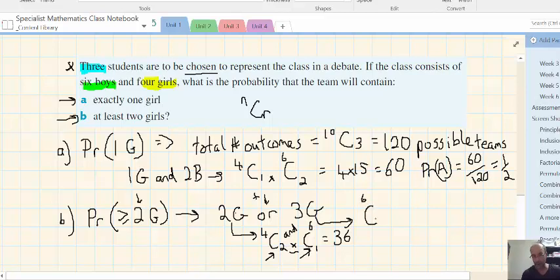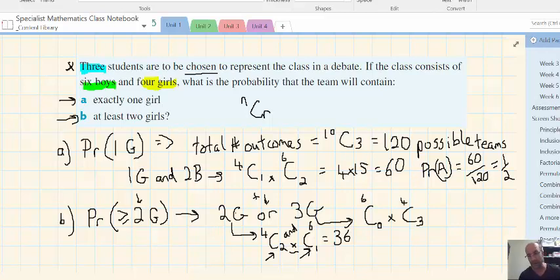Okay, now for 3 girls, we've got out of 6 boys, we've got to fill up 3, we've got no boys. So that is 6C0 for the boys, and 4C3 for the girls, choosing 3 from 4, and multiply those 2 together and you get 4.